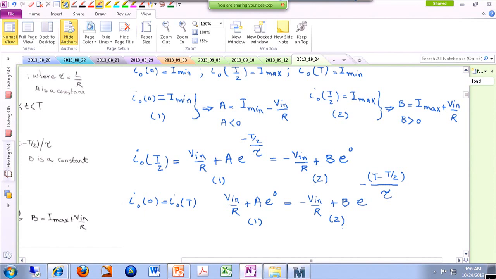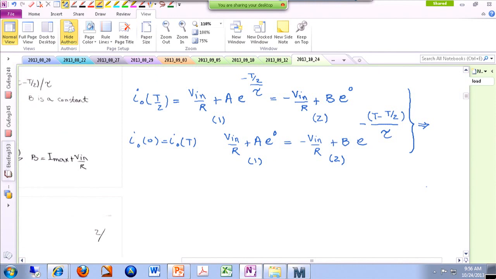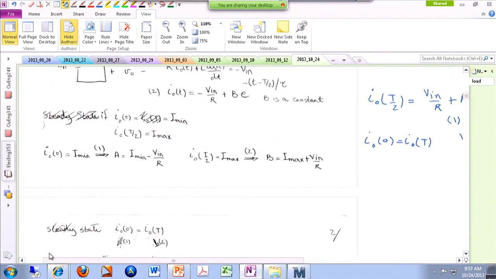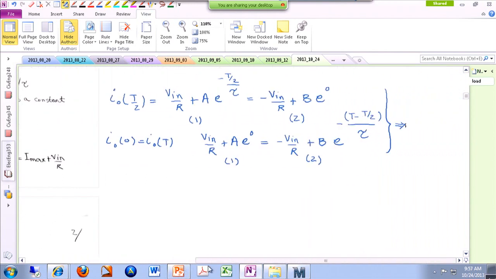All right. So now I have two relationships. They are independent of each other, but at the same time, A and B appear in them, which are the two unknown parameters. So you can actually solve it and conclude a bunch of things.